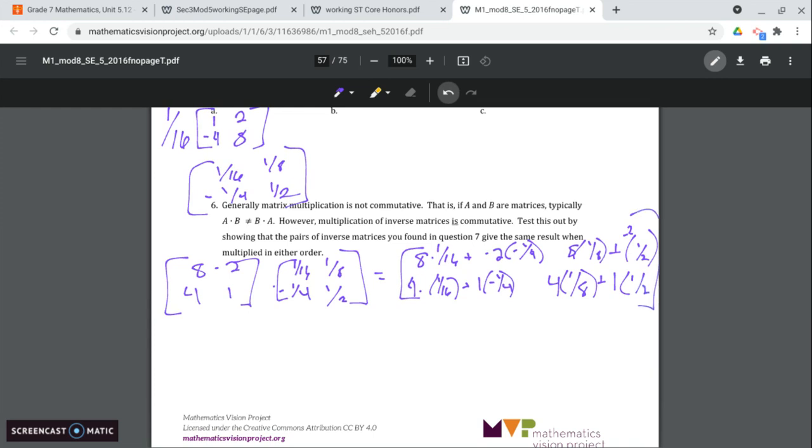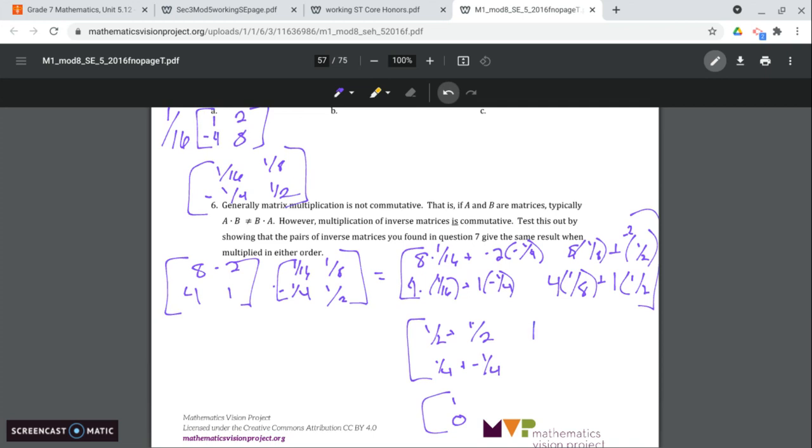Now we simplify this. 8 times 1/16 is going to give us 1/2 plus negative 2 times negative 1/4 will also give us 1/2, which means that's 1. 4 times 1/16 is 1/4 plus negative 1/4, which is 0.